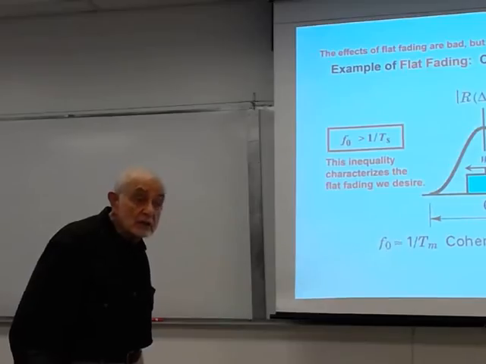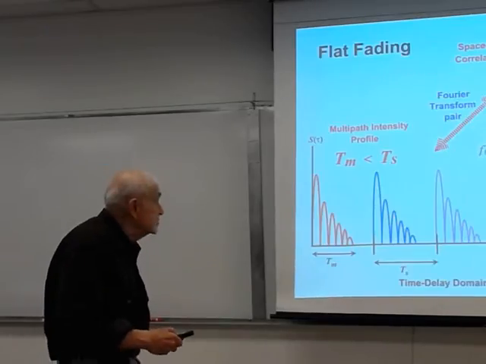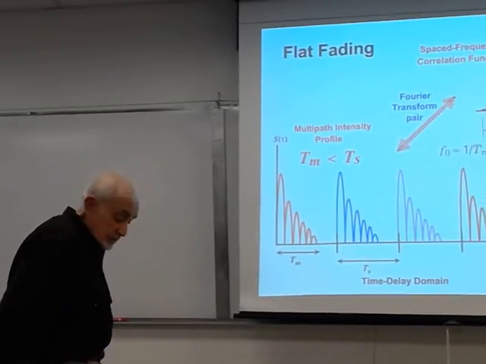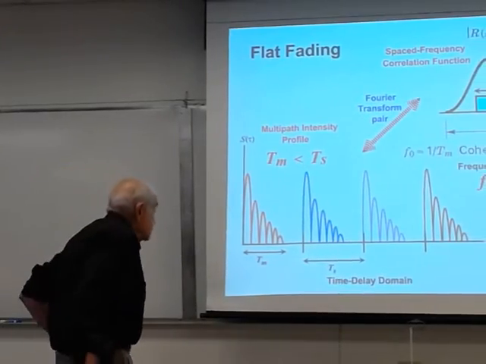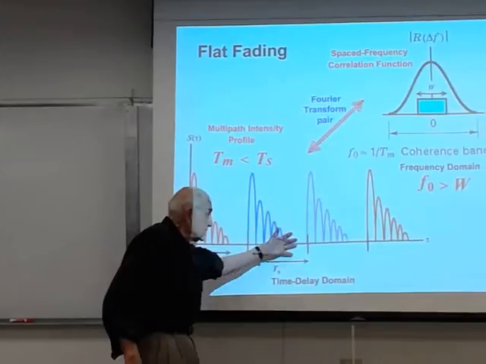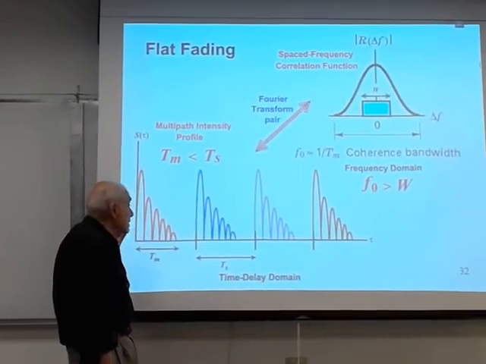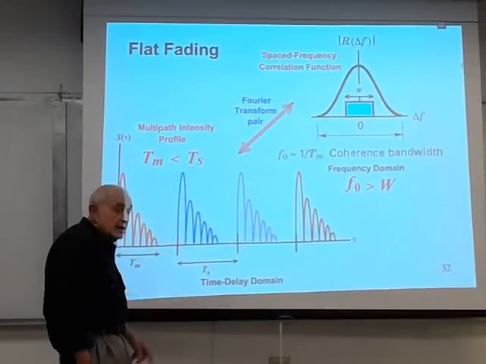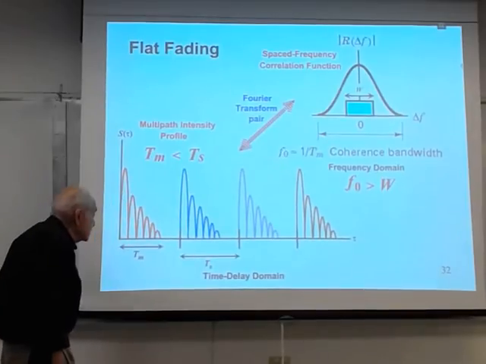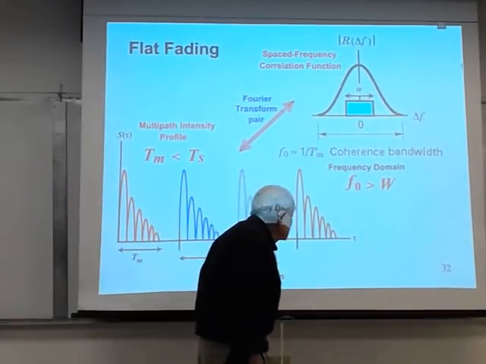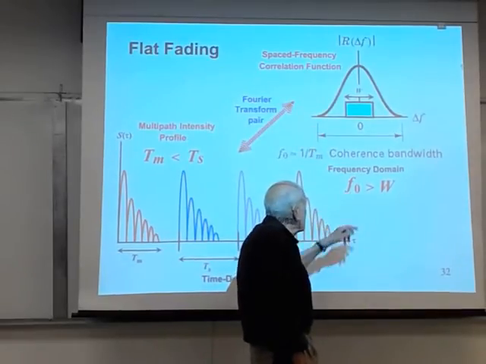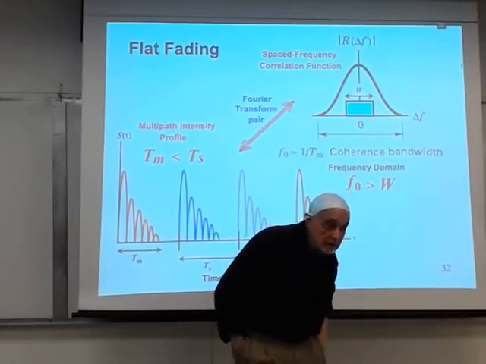It's got to be equalized in some manner. Again, these two make a transform pair. That is the multipath intensity profile that had the picture of T sub m being smaller than T sub s, and it corresponds in the Fourier transform map to where f sub 0 is greater than the signal bandwidth.